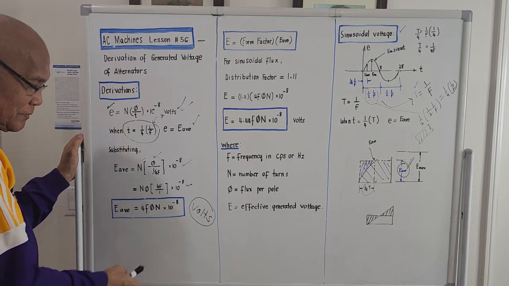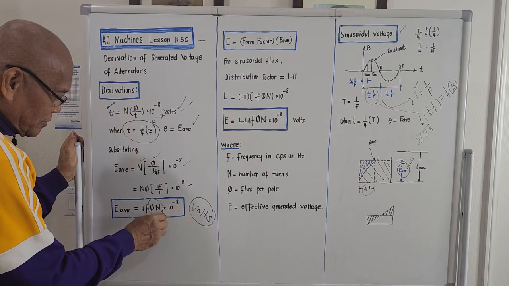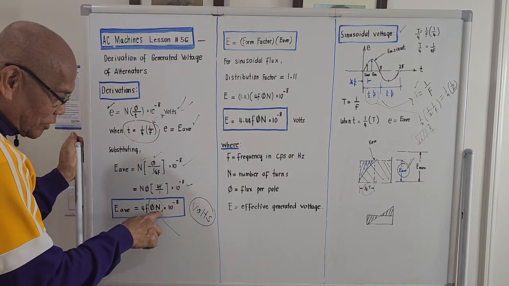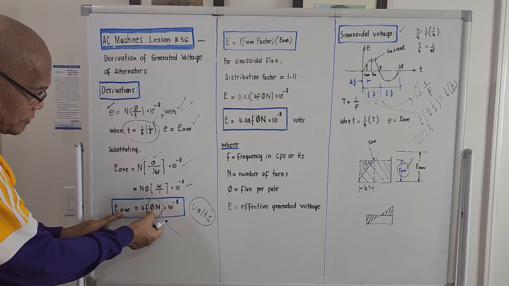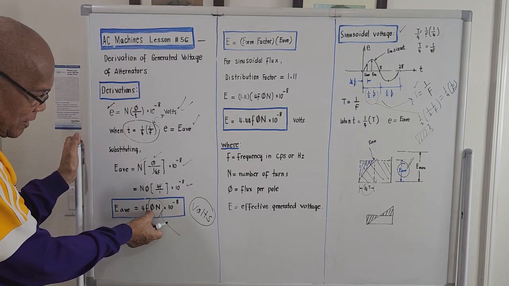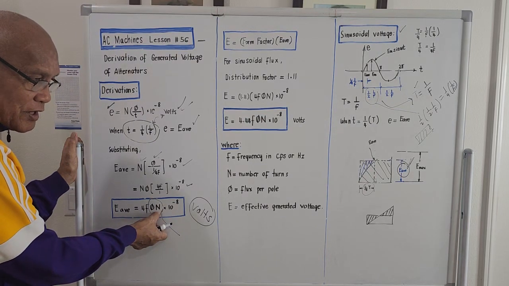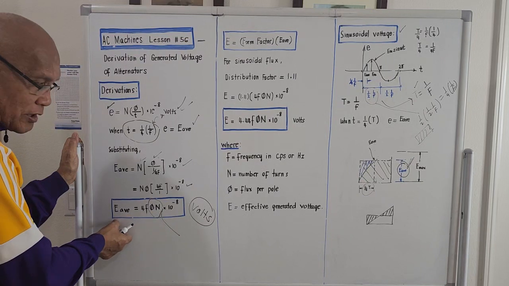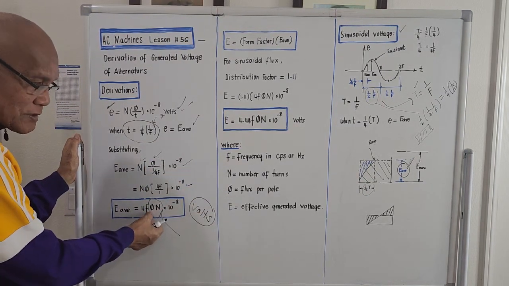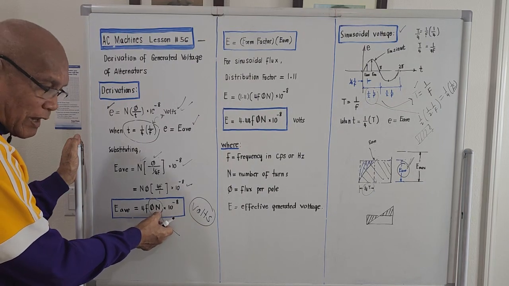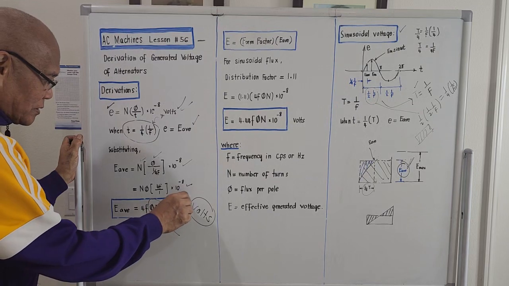But the main thing is there should be flux and a total number of turns. Because if the flux is 0, we could not generate voltage. If there is flux and no number of turns, meaning there is no conductor, we could not generate voltage. So it's a must that there be a flux and a conductor that interact with each other to generate an average voltage.